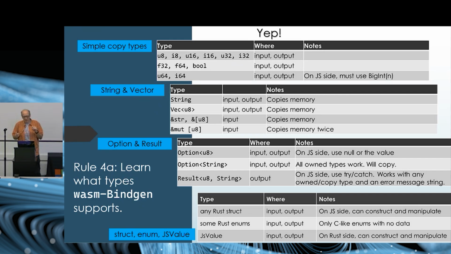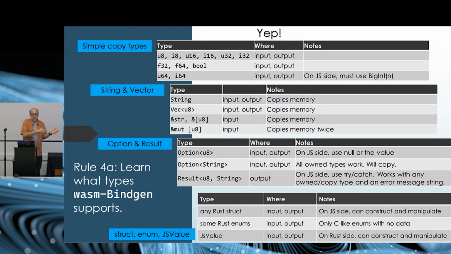So an option none on the Rust side will get turned into just a nil on the JavaScript side, and a sum of 4 on the Rust side will just be turned into 4 on the JavaScript side. But you're programming in JavaScript. It's what you expect.